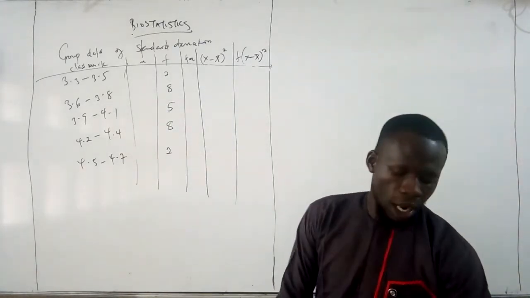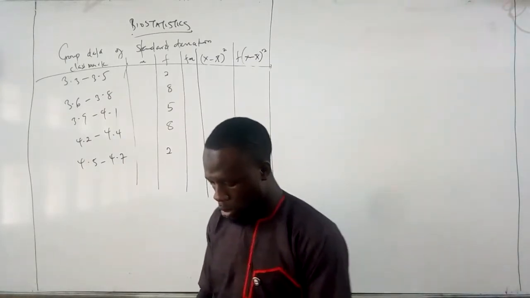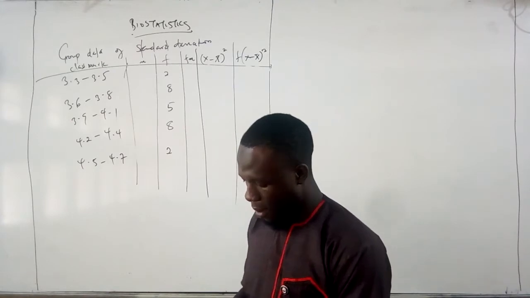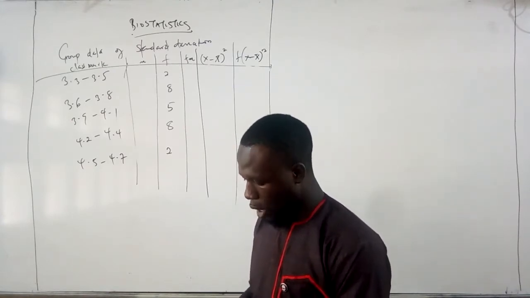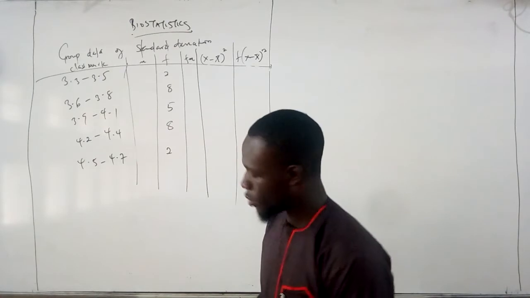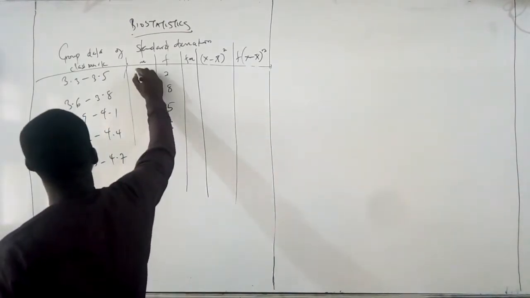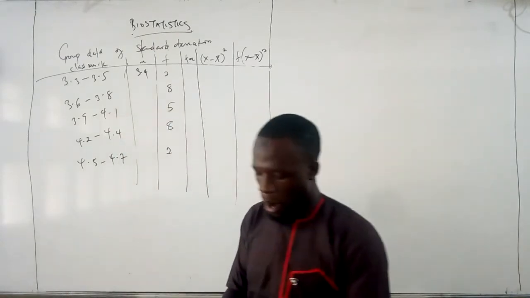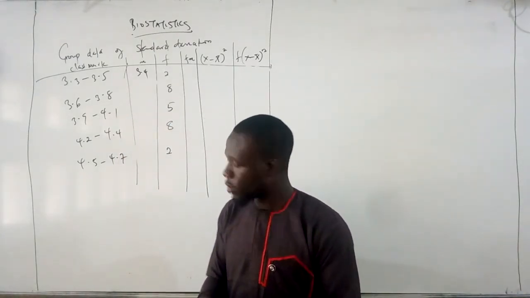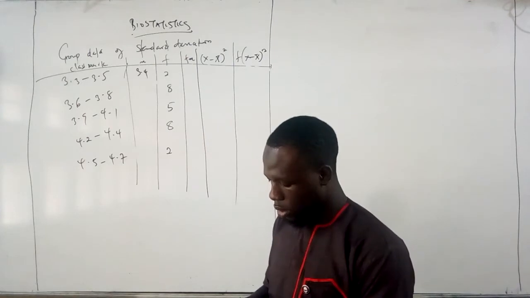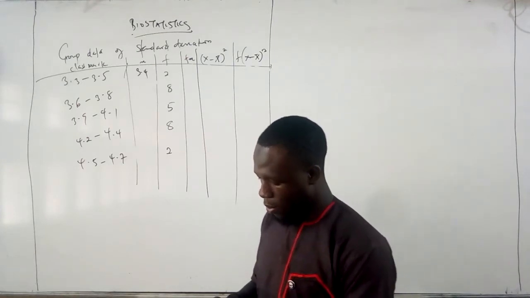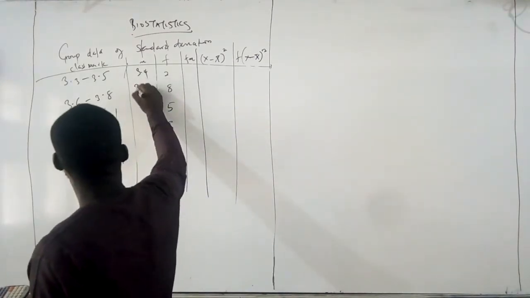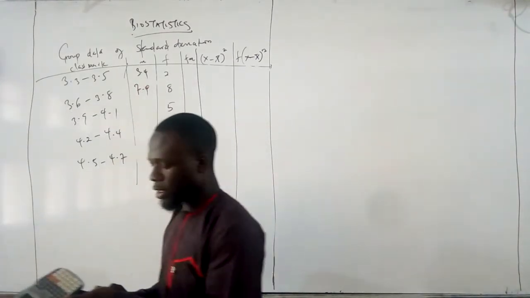So first, how do we calculate x? We add the first and the second, which is 3.3 plus 3.5 divided by 2. Follow me. That gives us 3.4 as our first class mark. The second one is 3.6 plus 3.8 divided by 2, which is 3.7.